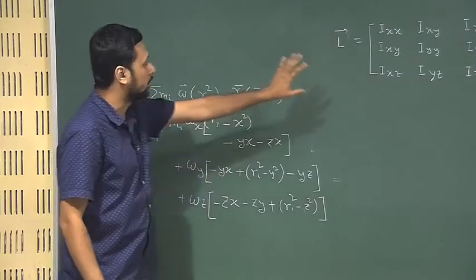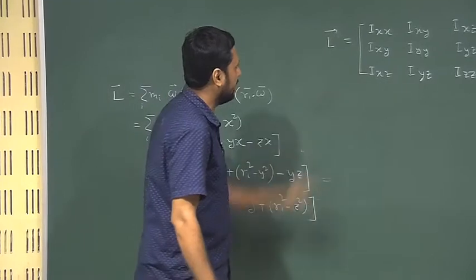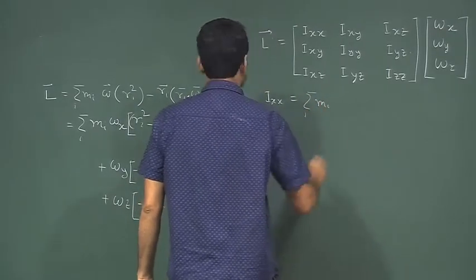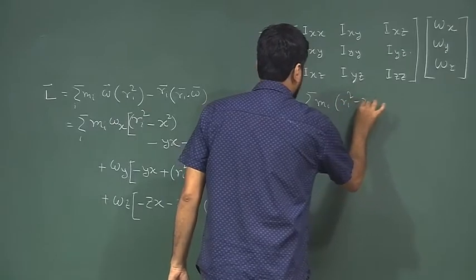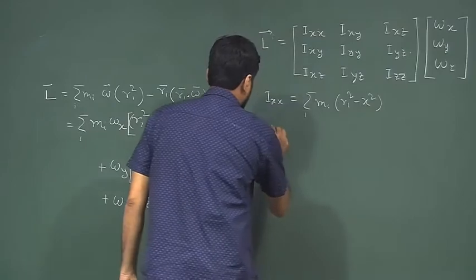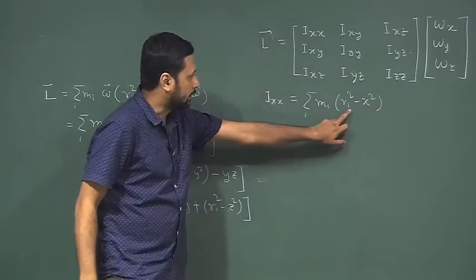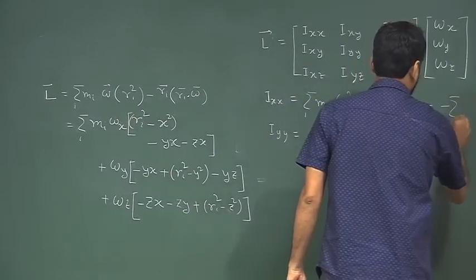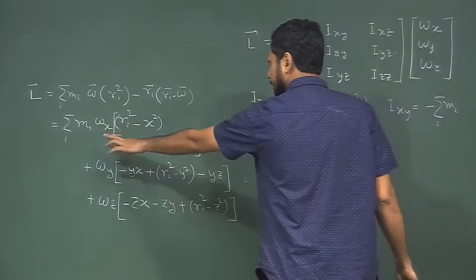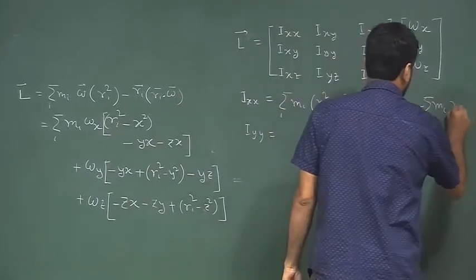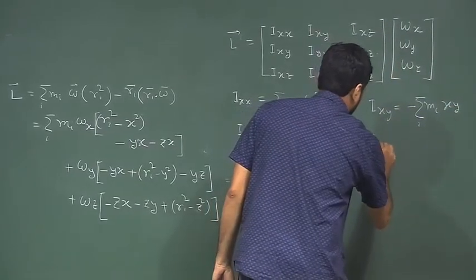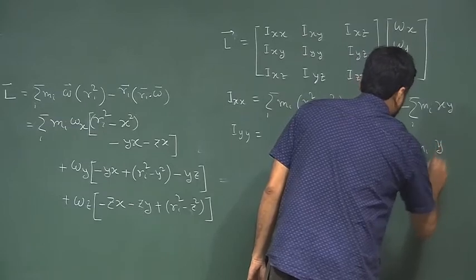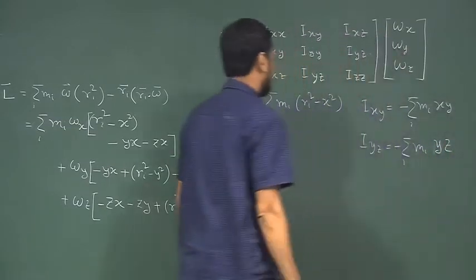We can write a vector equation or a matrix equation of this particular form, where I xx is equal to sum over i m_i, r_i square minus x square, I yy is similarly r_i square minus y square, and of course we have terms like I xy, which is equal to minus sum over i m_i x y, I yz is equal to minus sum over i m_i y z, terms like that.